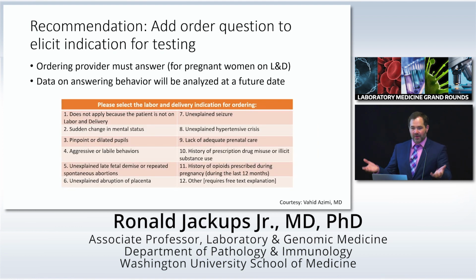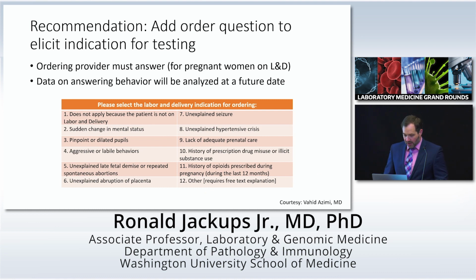So with that data now equipped, we went ahead and did add this order question, which requires an indication to be placed for a drug screen, particularly on pregnant women. And you can see some of the examples here for what options there are. We also allowed them to enter free text if they wanted to do it.